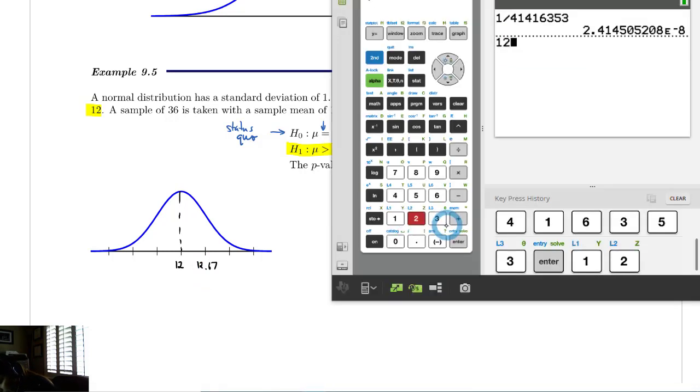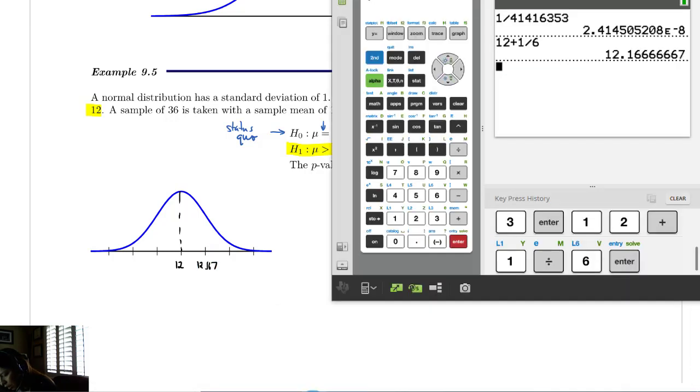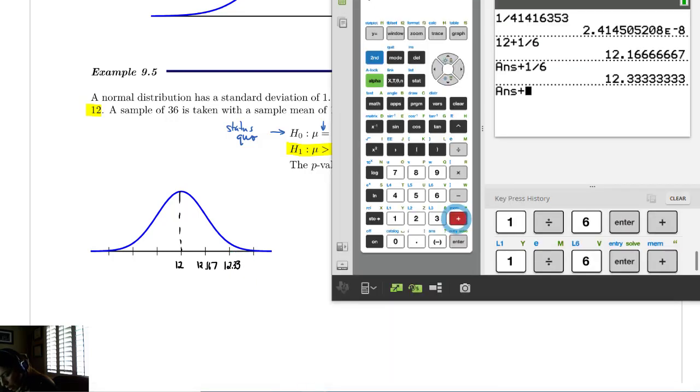So let's do it in our calculator. One standard deviation away, and then let's go ahead and add another 1/6, and we get 12.33. Then you can add another, so you can see that I'm just adding the standard deviation, 12.5.